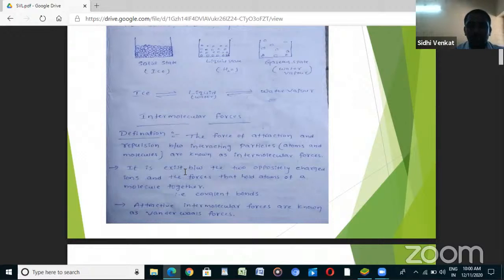These forces exist between two oppositely charged ions. What is meant by two oppositely charged ions? One is the positive charge, another is the negative charge.